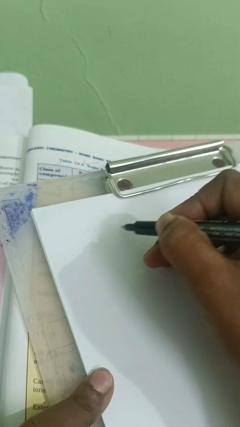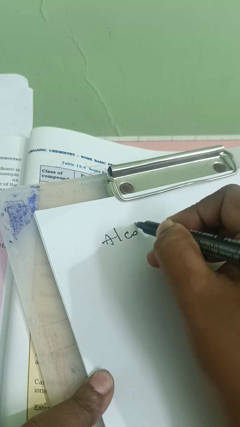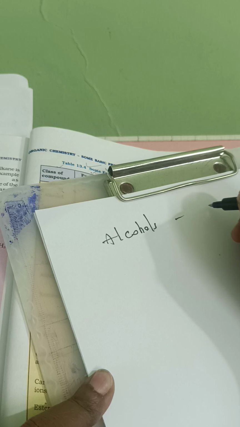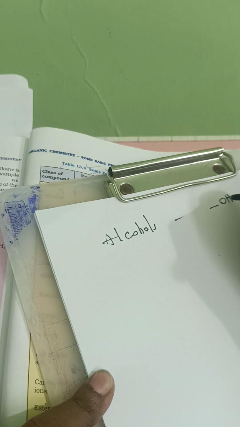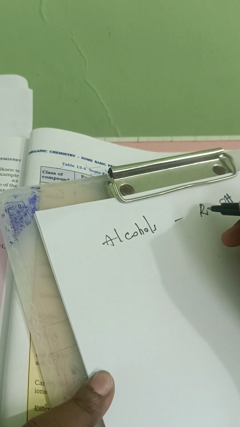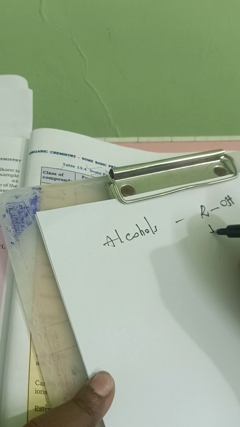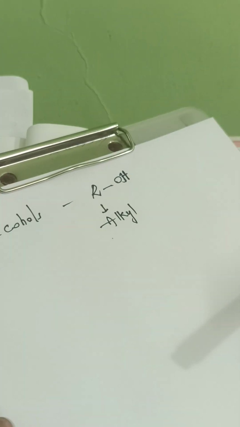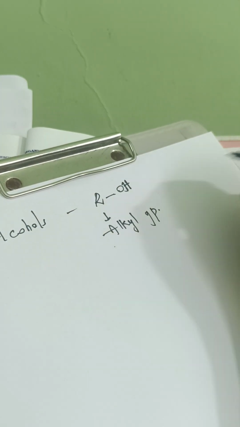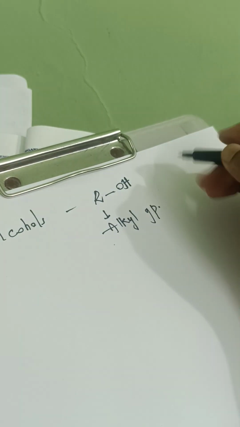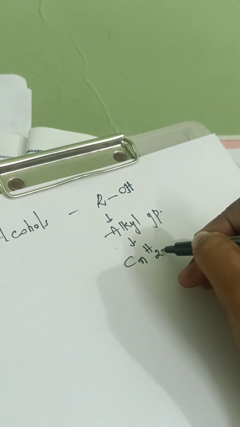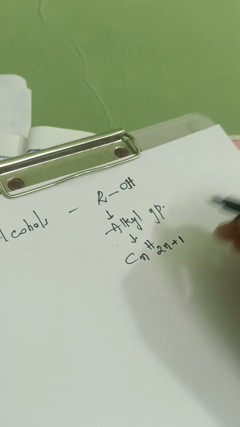For alcohols, the general functional group structure is bond OH. Here you have substituents. This is nothing but an alkyl group. The general formula for this alkyl group is CnH2n plus 1.